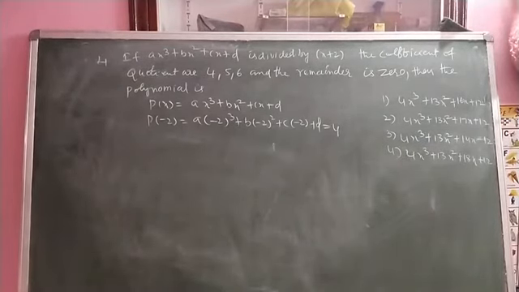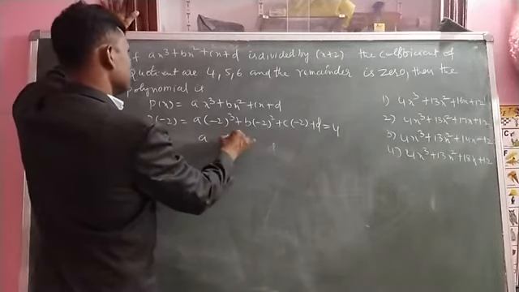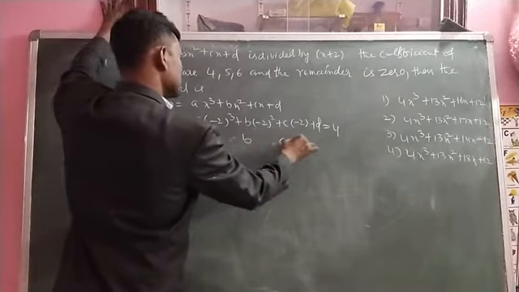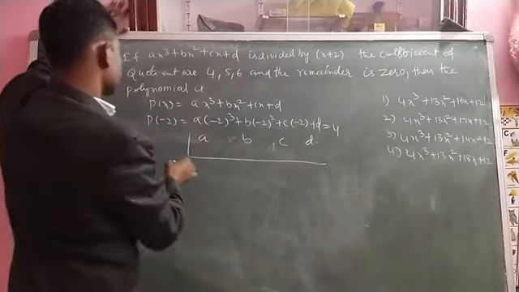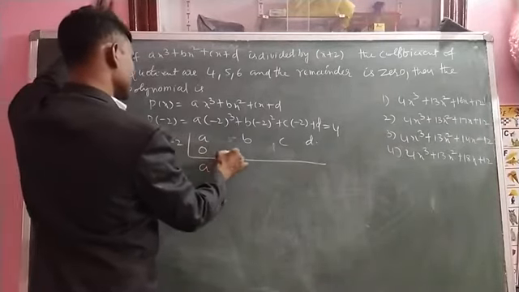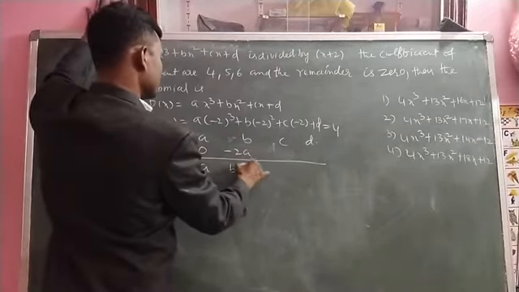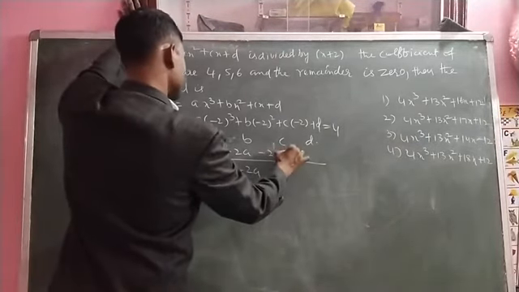Otherwise we have to use the synthetic division method. This one, see here a, b, c, d, it is divisible by x plus 2. X plus 2 means here x is equal to minus 2. Then 0, this is a into 2, minus 2a. Then b minus 2a. Then 2 into b minus 2b plus 4a.